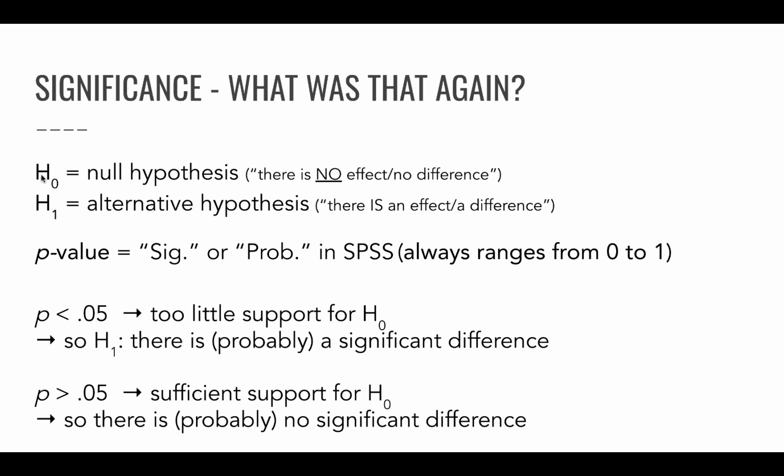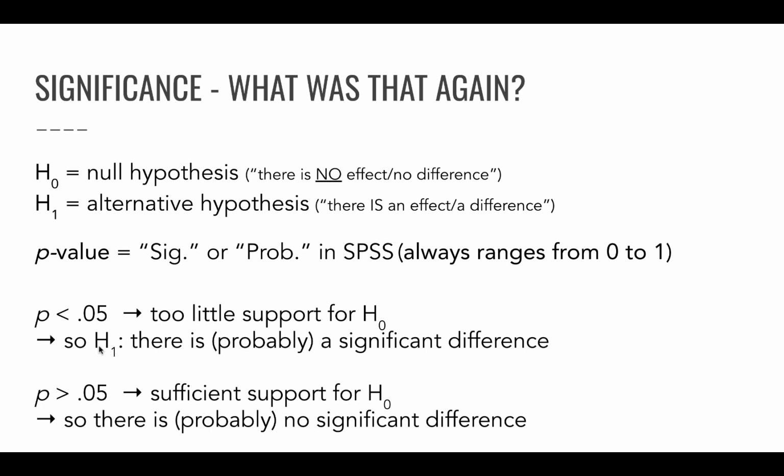Now, if you don't know which one is true, this is the number that will decide on that. So your p-value, which is usually shown as sig or prob in SPSS, is a number that always ranges from 0 to 1. If this p-value is smaller than 0.05, that means we have too little support for H null, so insufficient support for the null hypothesis.